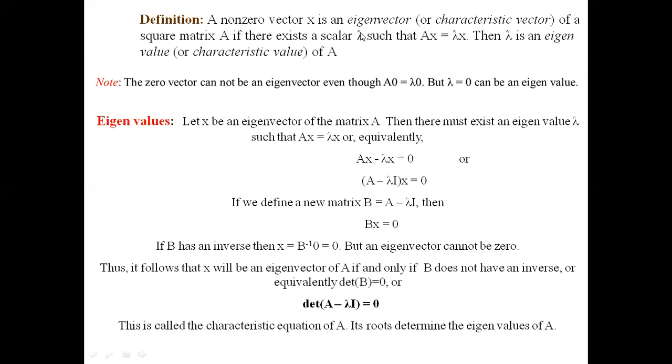It may be positive, negative, rational, irrational, anything. It may be zero, may not be zero, but an eigenvector is always non-zero. Write down that note. An eigenvector is always non-zero because it is in the definition. Okay. Someone is saying, sir, if you substitute x is equal to zero, that equation is still satisfied.